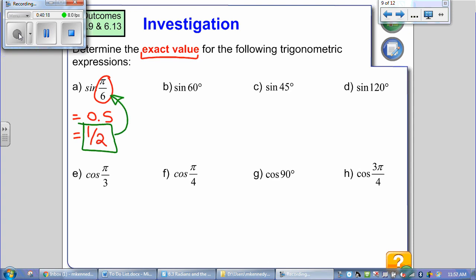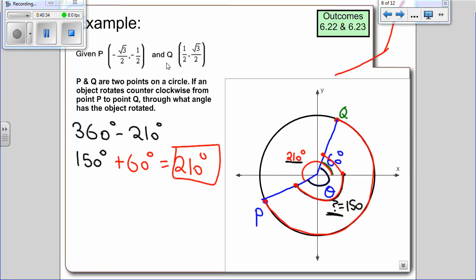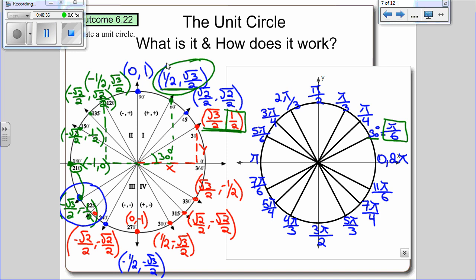If you look at your unit circle, 60 degrees is up here. Here's my x and my y value. That means on my triangle, I'm going opposite divided by hypotenuse.